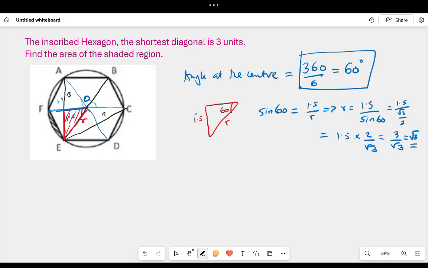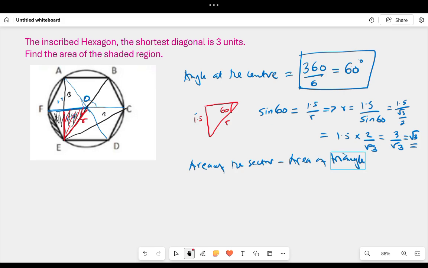Now our next move, therefore, is to focus on another triangle. I'm going to shade it here. We are going to focus on this part here, this triangle here. Now for me to find the shaded area, it's going to be as a result of working out the area of the sector minus the area of the triangle.